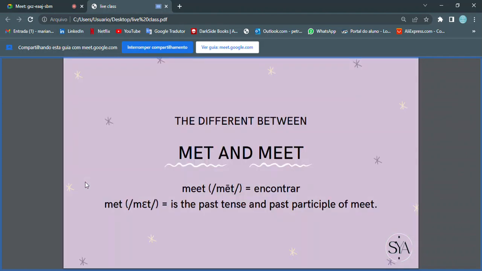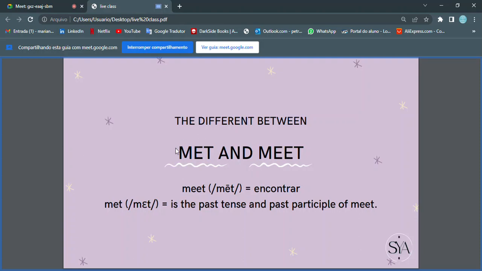So I brought for you the difference between met and meet. For meet, you say it extending the letter E. So it's meet, like the word meat, the thing that you eat, like carne. Carne in English is meat, different spelling, but it basically sounds the same. But in this case, it's meet, and it means encontrar.